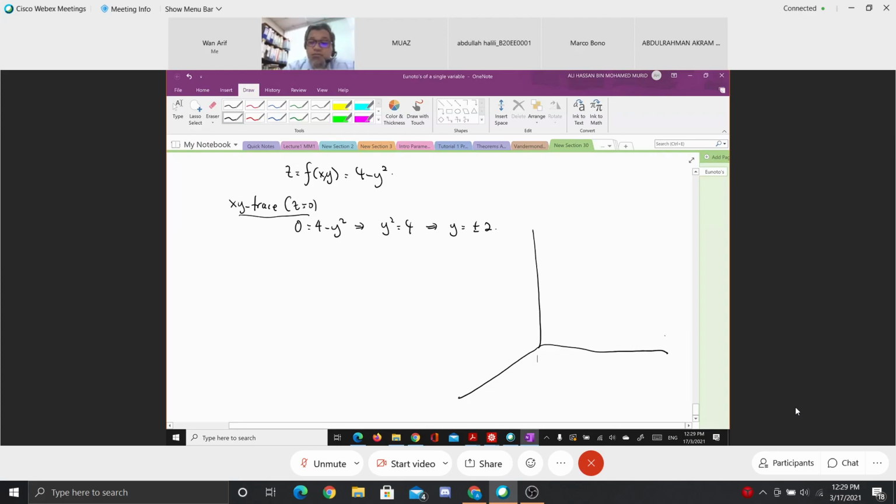We have x here, y, and z. Z equal to 0 means on the xy plane. So the surface is along the lines y equal to plus or minus 2.